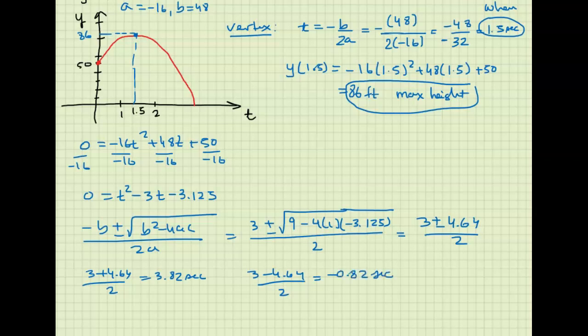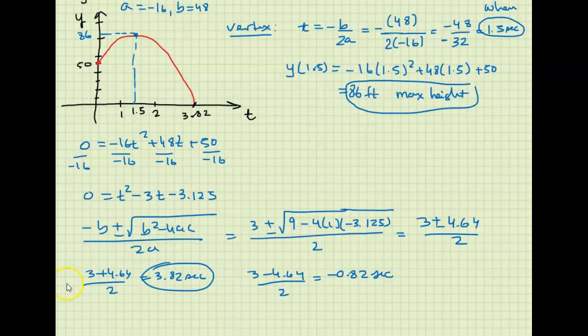Okay, so we take the positive time. So this tells me the ball hits the ground at 3.82 seconds. So that's how long it took to hit the ground.